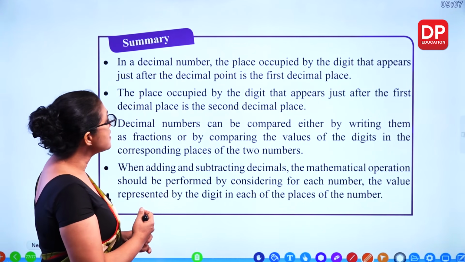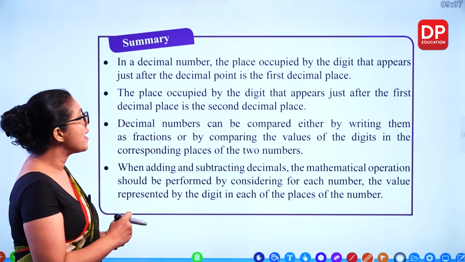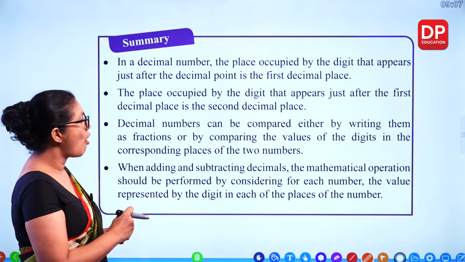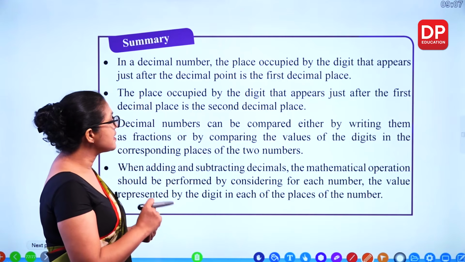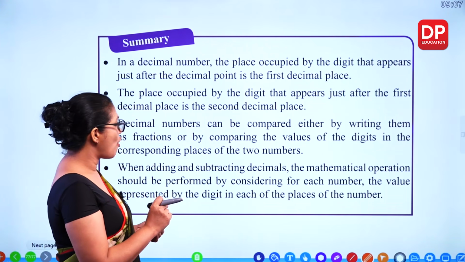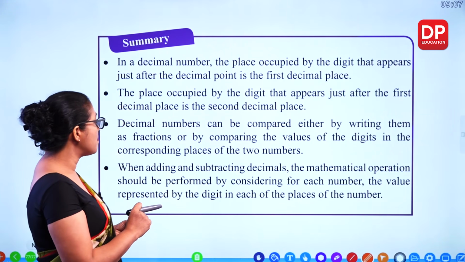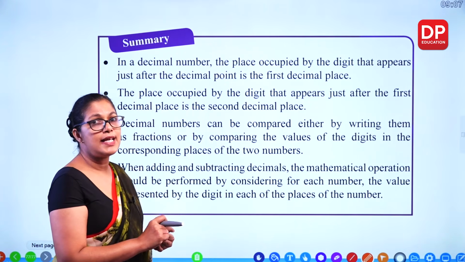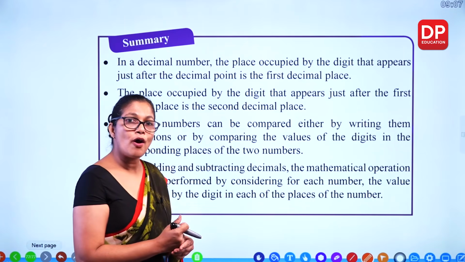And the decimal numbers can be compared either by writing them as fractions or by comparing the values of the digits in the corresponding places of the two numbers. And then finally we did adding and subtracting decimals. The mathematical operation should be performed by considering for each number the value represented by the digit in each of the places of the number. So when you are adding, make sure that you align the decimal point in a column.